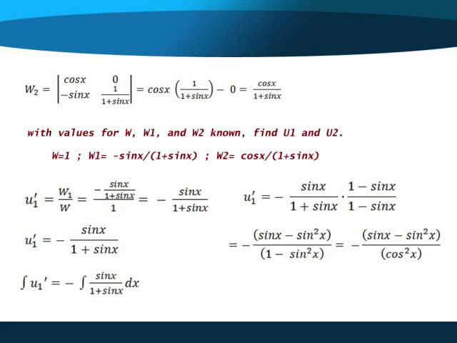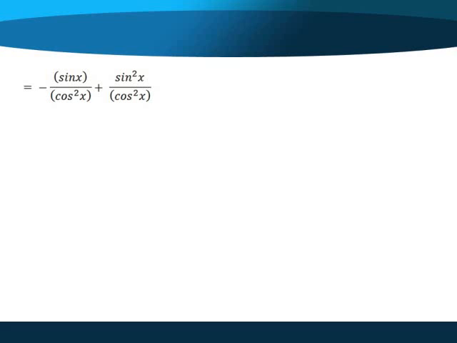The next step to do is to separate this whole term into two terms. And so we have the negative of sine x over cosine squared x plus sine squared x over cosine squared x. The denominator of the first term, cosine squared x, can be written as cosine x times another cosine x.